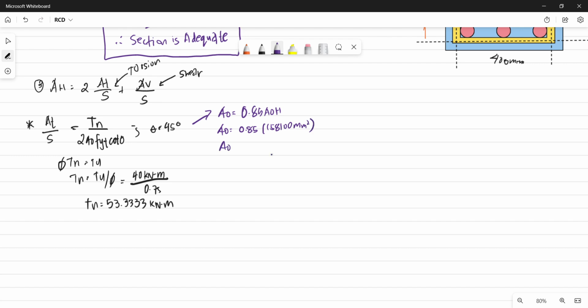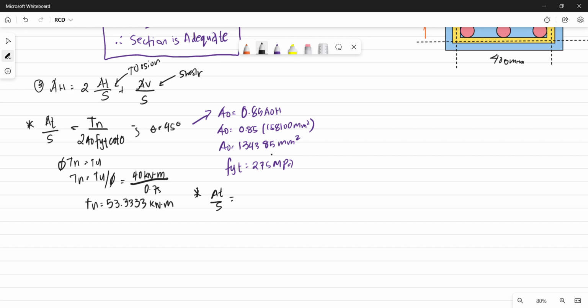So, your AO is equal to 134385 square millimeter. Then, your FYT naman is equal to 275 MPa.